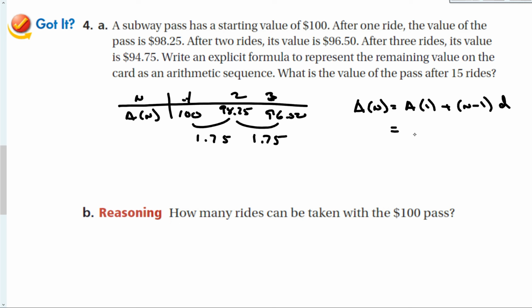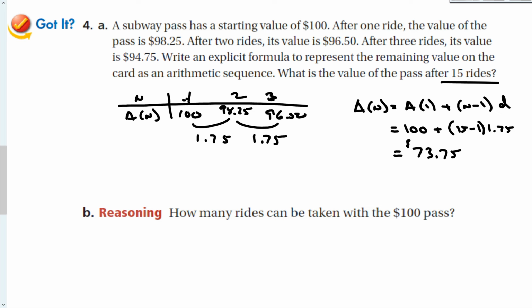So this turns into 100 plus, I wanted to find the value after 15 rides, 15 minus 1 times 1.75. Use my calculator and I get 73.75.